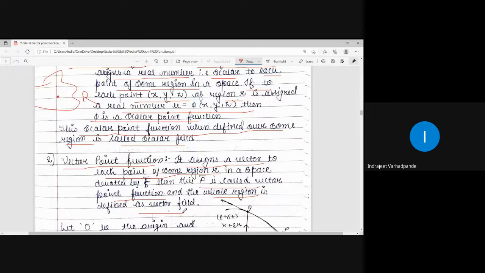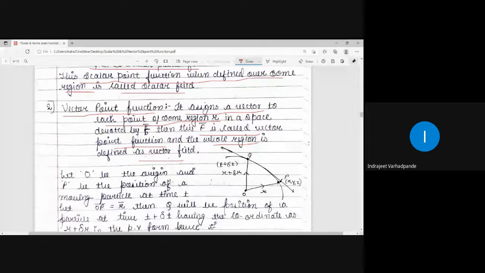So therefore, we call this a vector point function and the field or the region will be called a vector field. So once after defining the vector point function and scalar point function, we now try to define the derivative. For that, we take the help of the position vector. How do you define the position vector?